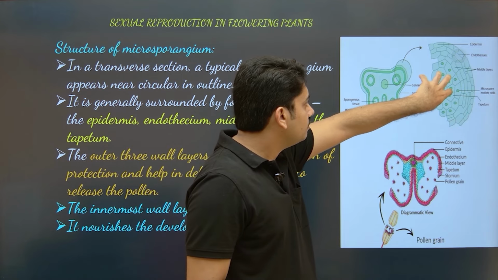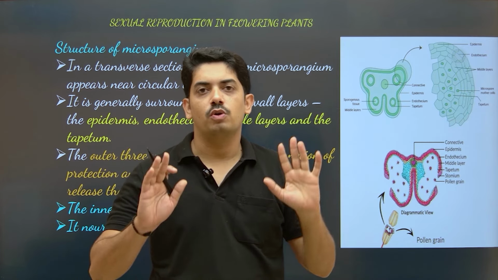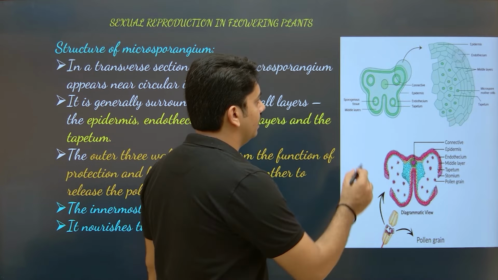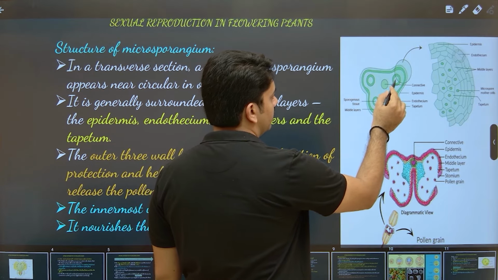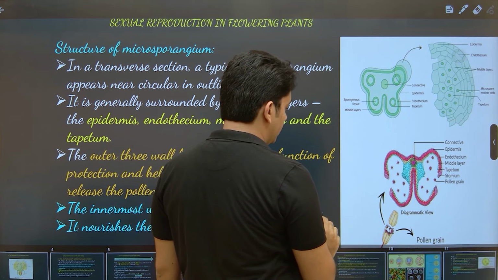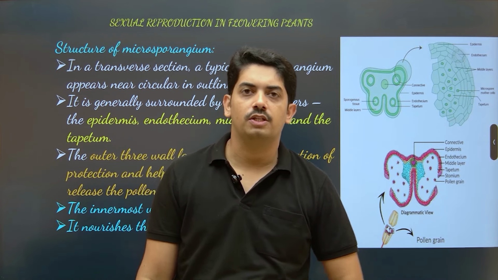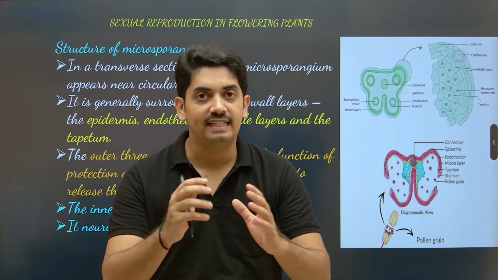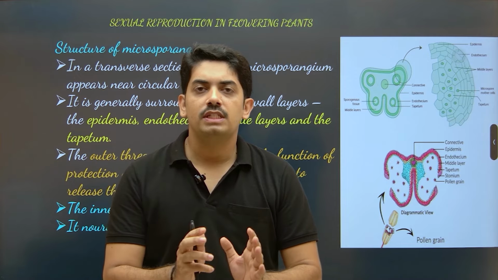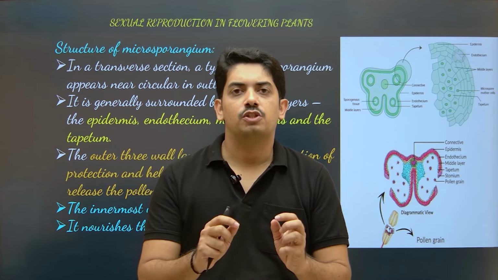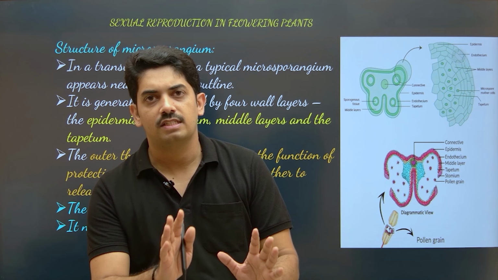Now inner to this is the sporogenous tissue. Here you can see this part actually consisting of sporogenous tissue. What is the role of this sporogenous tissue actually? Very interesting part. Sporogenous tissue are actually dividing cells, just like meristematic cells.